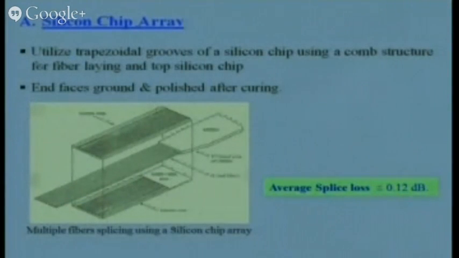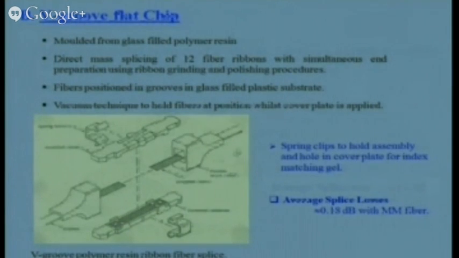Mostly they are used with ribbon fiber. So we have to put a ferrule over the fiber. We need a substrate where the fiber can be put. So all the fibers in the ferrule have a substrate, so they can be aligned like this. You can see here, you have put the ferrule over the fiber.